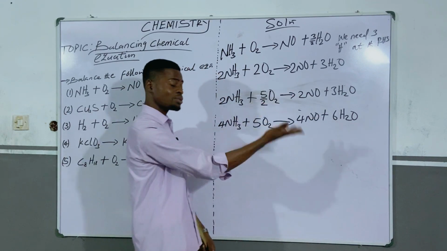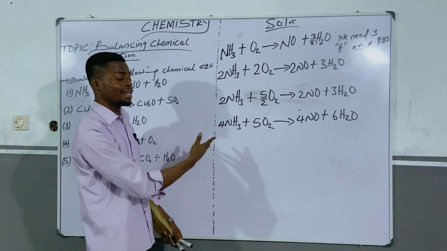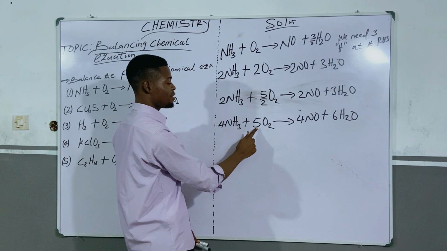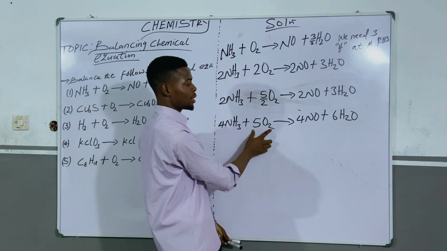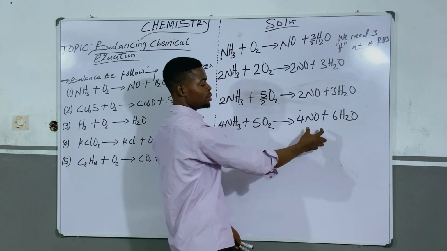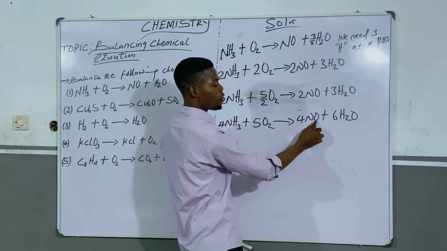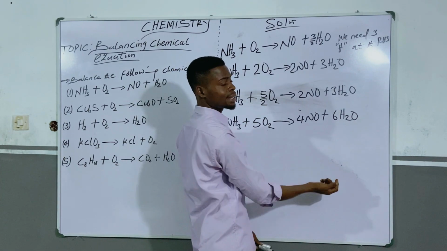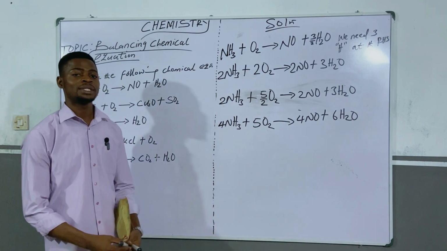So we have 12 hydrogen on both sides. So hydrogen is balanced. Let's check our oxygen. We have 5 times 2, that is 10 oxygen at the reactant. Coming to the product side, that is 4 plus 6, that is 10. So we have 10 oxygen on both sides.